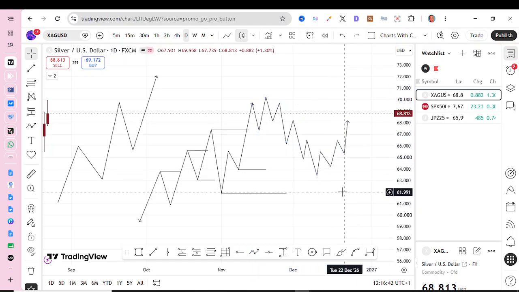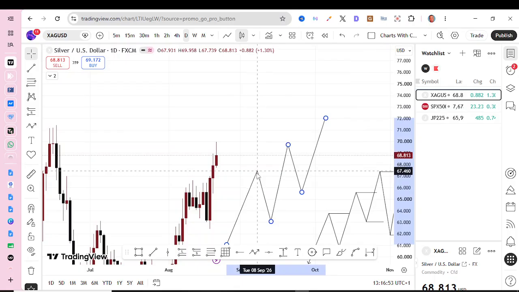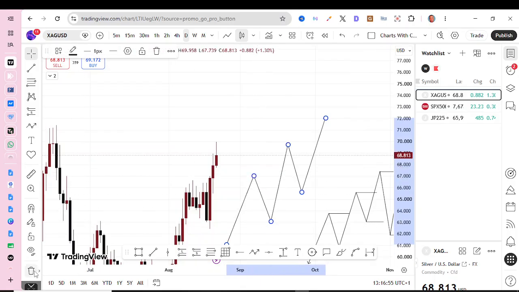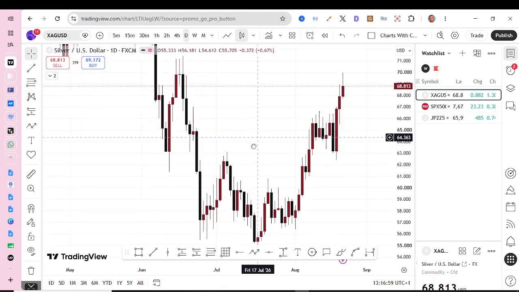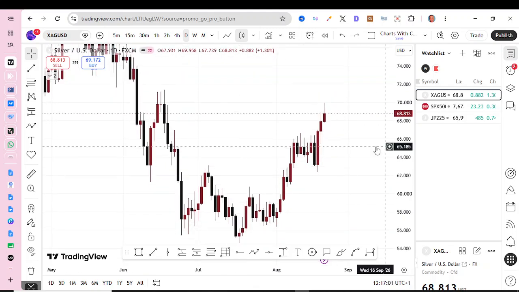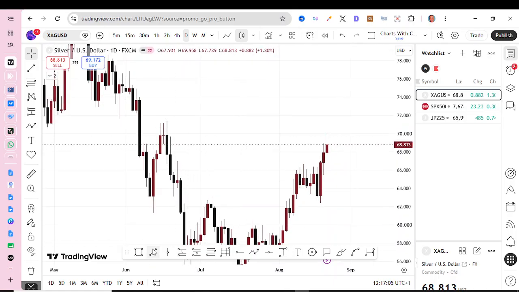So with this understanding of the advanced market structure, let's see how we can apply this to finding our directional bias. On silver, let me clear my chart. On silver we had this break of structure here, right?